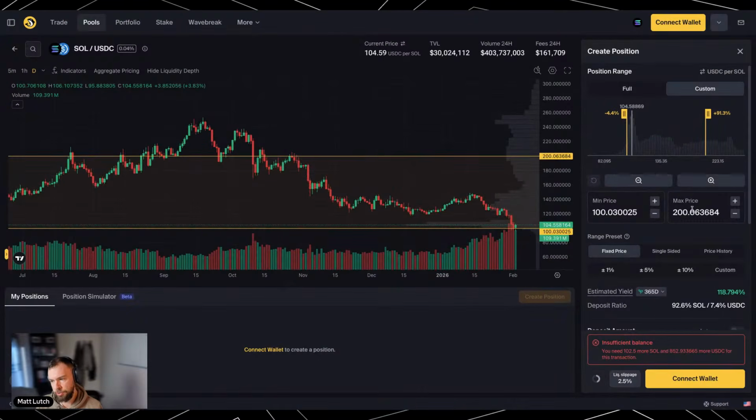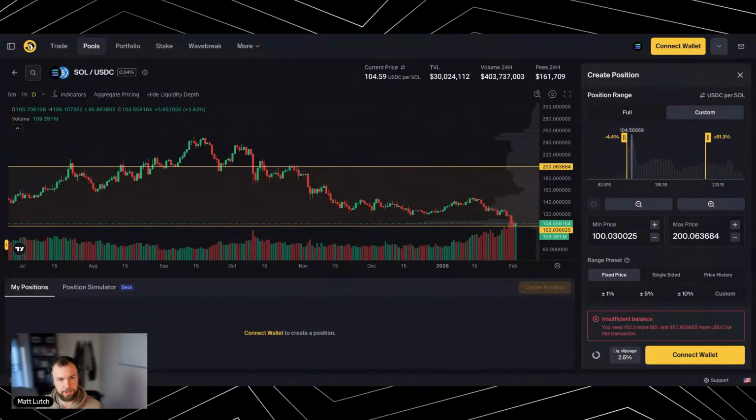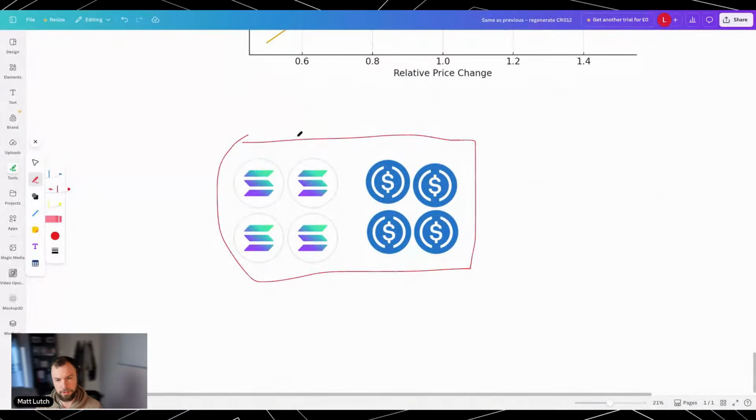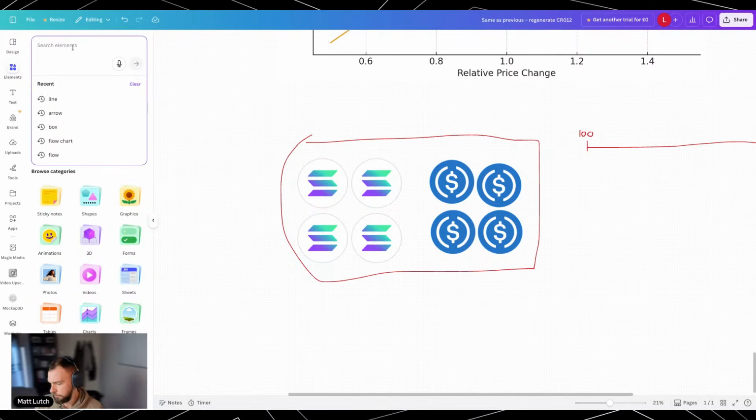So minimum price 100, max price 200. So we're going to go over on here, and we're going to put a little scale at the side. So 200 is your upper bound, 100 is your lower bound. And then you've got the scale. Let's just put a line.